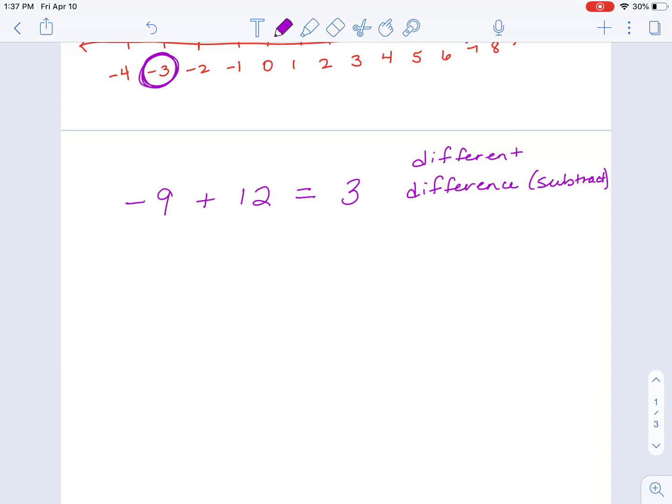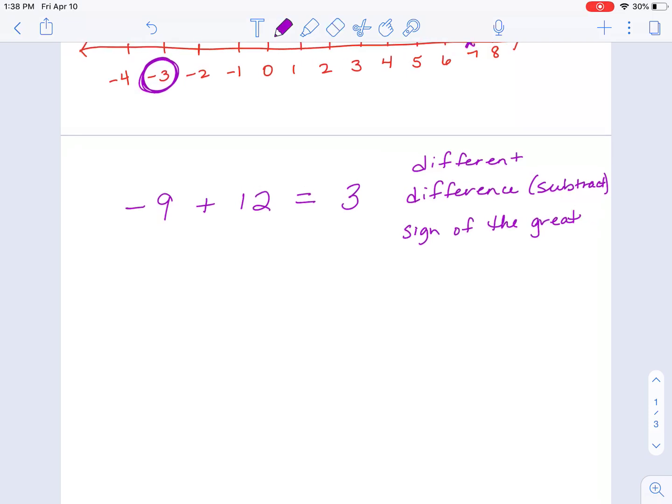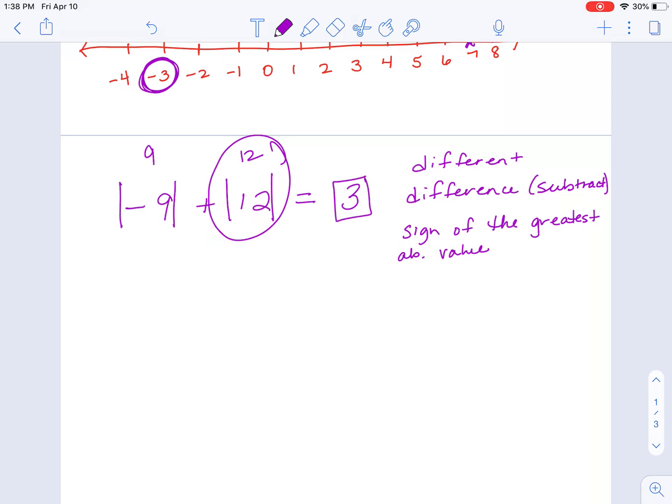Now, is it going to be a positive 3 or a negative 3? You take the sign of the greatest absolute value. That's really bad writing. Absolute value of negative 9 is 9. Absolute value of 12 is 12. So this has the greatest absolute value. That 12 is a positive 12 to begin with. So my answer will be a positive 3.